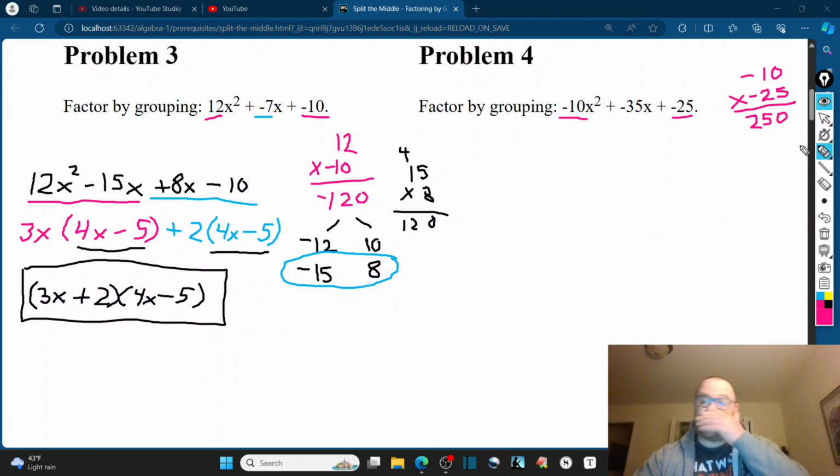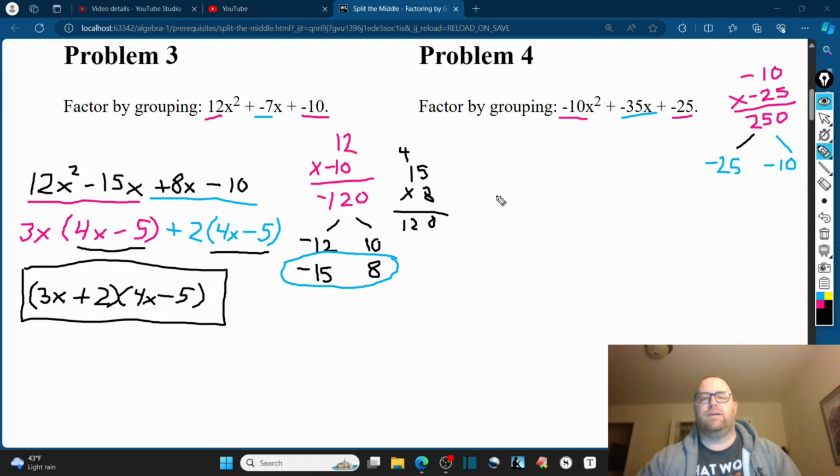And we want the factors of 250 that are both negative because they have to add to this negative 35 here. So I would do negative 25 times negative 10. Just use the same numbers we multiply, because that does work to negative 35 in this case.